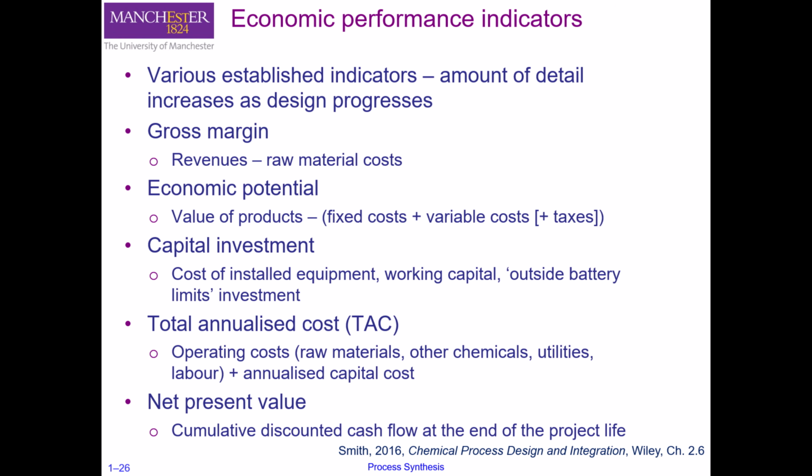Some or all of these issues might need to be taken into account when we are talking about the economic performance of our process. It is often convenient not to take into account the costs that are likely to be similar for various options, for example labor costs and overheads, because different process variations are going to cause the same labor costs and overheads.